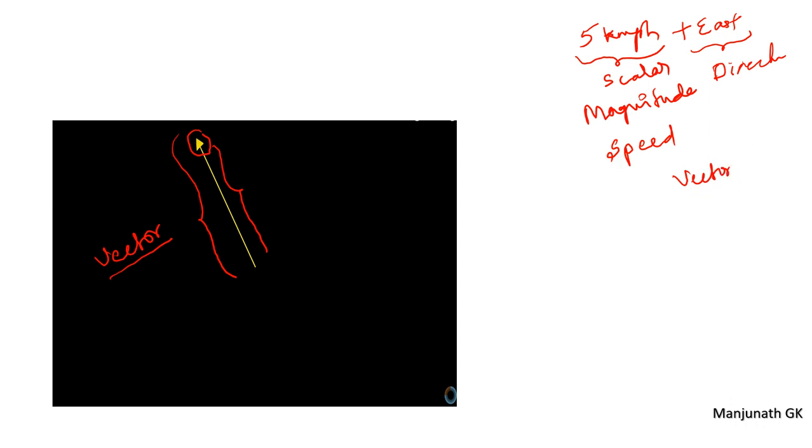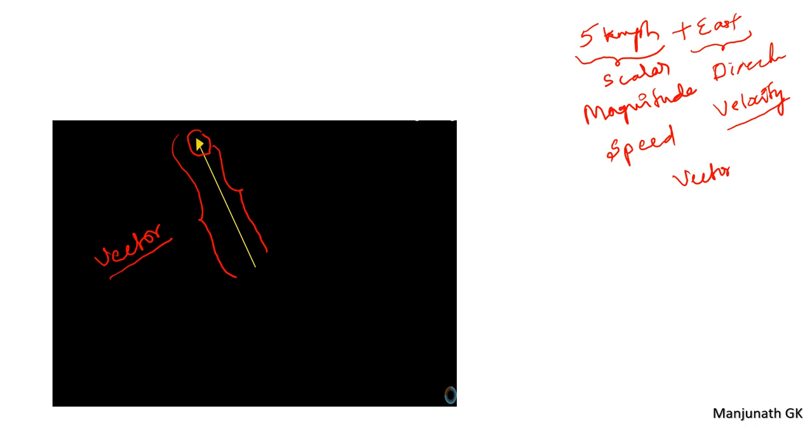Magnitude along with the direction, here it is an example of velocity. Velocity is a vector, whereas speed is a scalar. A direction along with a scalar gives the definition of a vector.